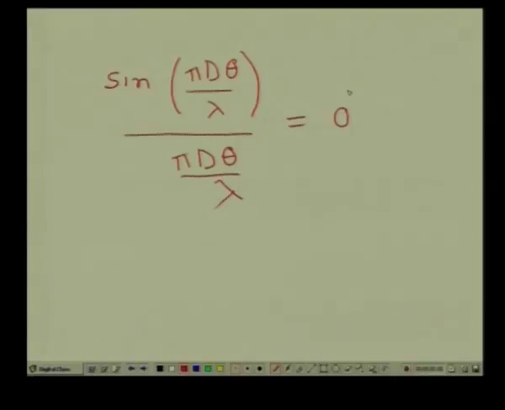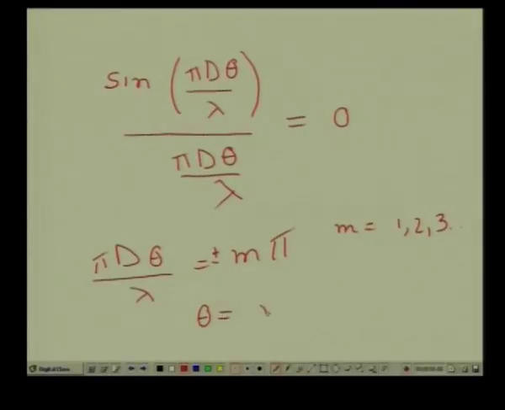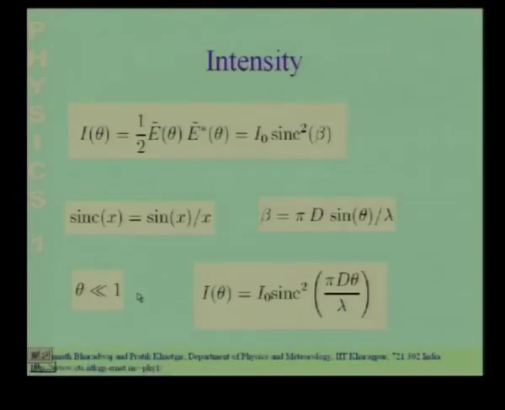This will assume a value 0 wherever pi d theta by lambda is equal to plus or minus m pi, where m could be 1, 2, 3, any integer. What it tells us is that the intensity will be 0 whenever theta is equal to m lambda by d. So, these are the zeros of the intensity.